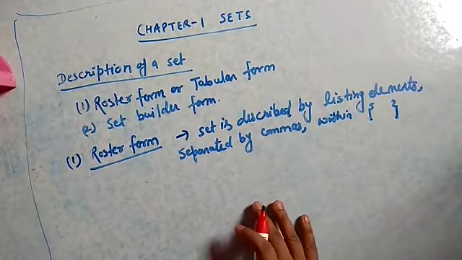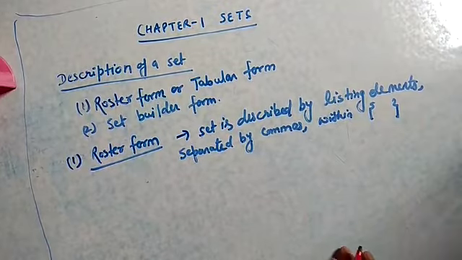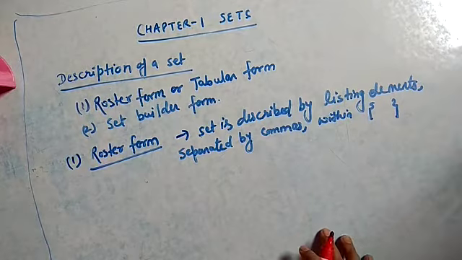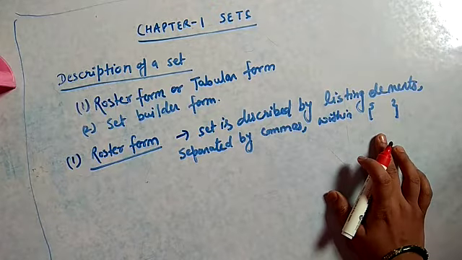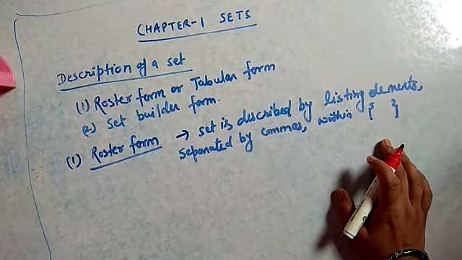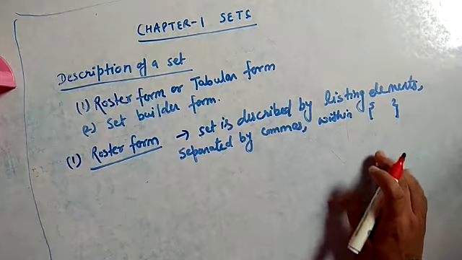Okay, so whenever we have data that belongs to a set, and we write the elements of the set inside the curly brackets, then that method of representing a set is said to be the roster form.